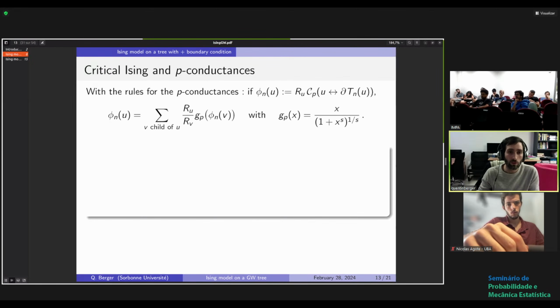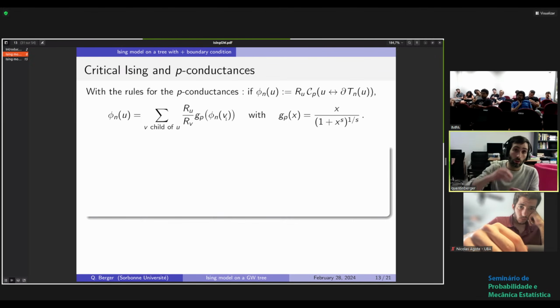The P conductance between a vertex u and the leaves is the sum over the children of u of a function of the P conductance between the children of u and the leaves. This function is explicit. It's x over (1 plus x to the s) to the power 1 over s. I remind you, s is P minus 1. So for P equals 2, it's still nonlinear. It's x over 1 plus x.